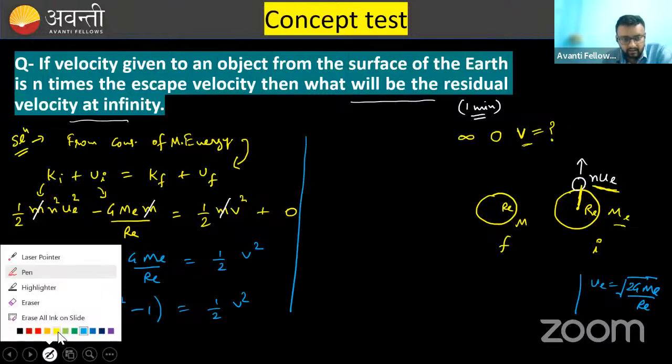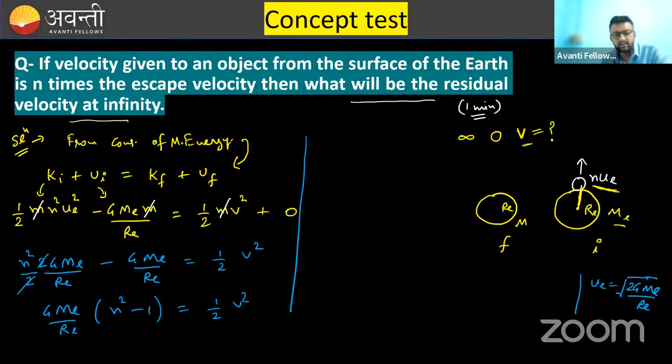Again, by simplifying it, 2 will be transferred here. So it will become 2GME by RE times n square minus 1 is equal to V square.